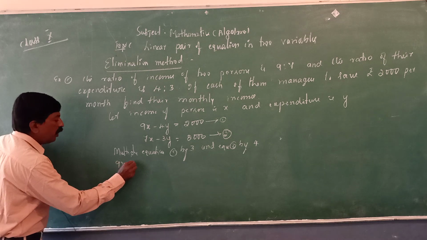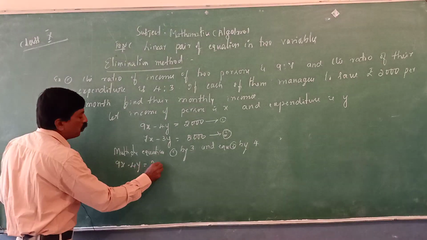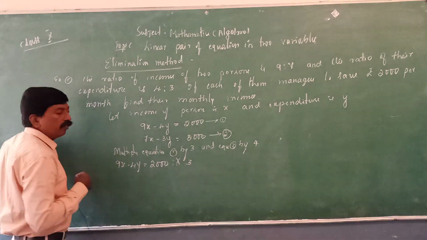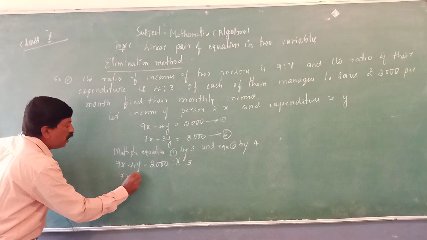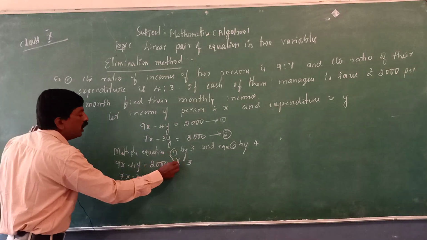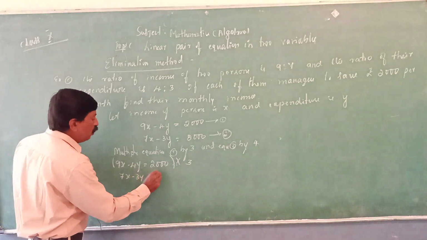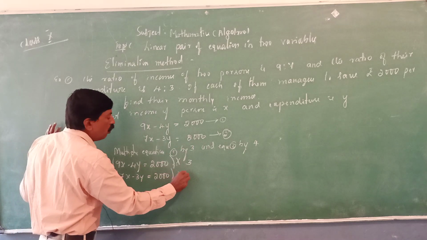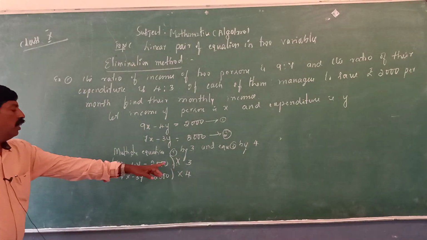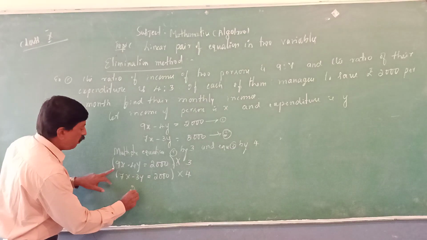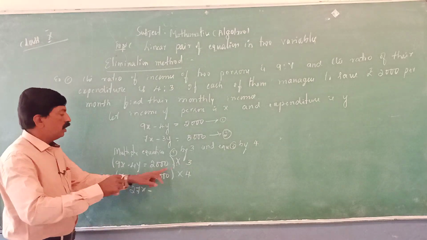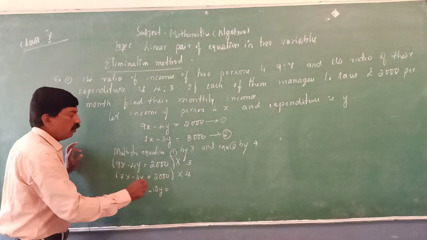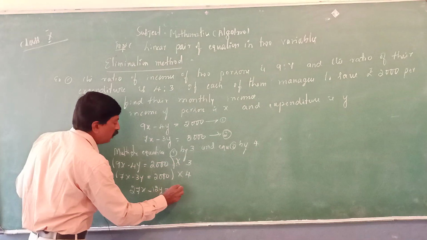Actually 9x minus 4y equals 2000, multiplied by 3, and 7x minus 3y equals 2000, multiplied by 4. 9 3s are 27x minus 3 4s are 12y equals 3 2s are 6000.